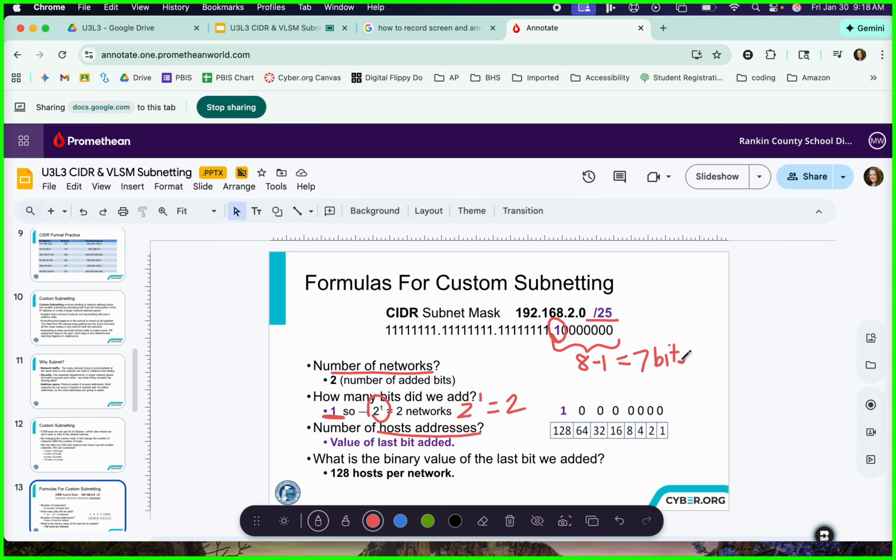All right. If you add up these bits, it's essentially going to give you this. The number of host addresses is going to be the value of the last bit added, which is going to be 128.